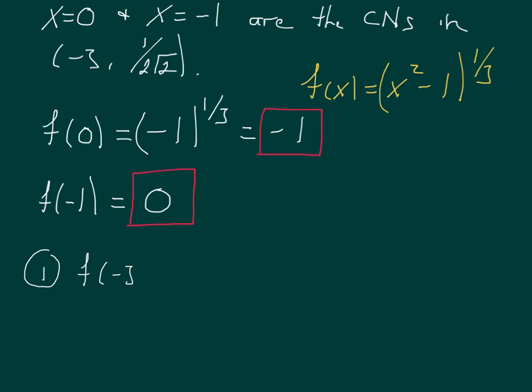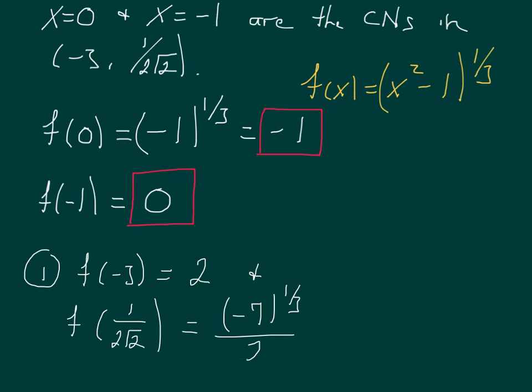At minus 3, remember, we had the value 2, and f at 1 over 2 root 2, there we had the value minus 7 to the 1/3 over 2. So there I have them all together, so you don't have to rewrite these, just so I can point. The question is, which is the largest and which is the smallest?